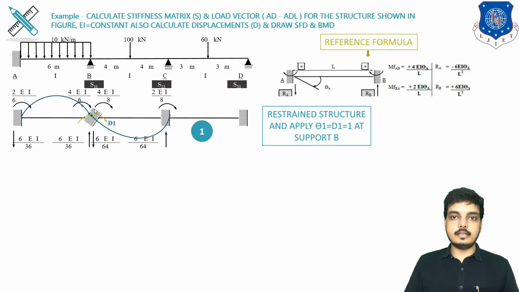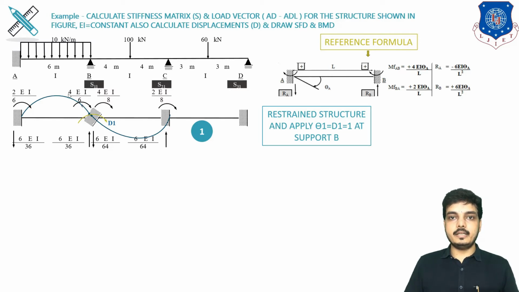Now you can understand that if I rotate this in a clockwise direction, this span will go in the upward direction and span BC will go in the downward direction. And there will be no effect on span CD, so it will remain as it is. So in the first step we have applied D1 equals 1 for our unknown.